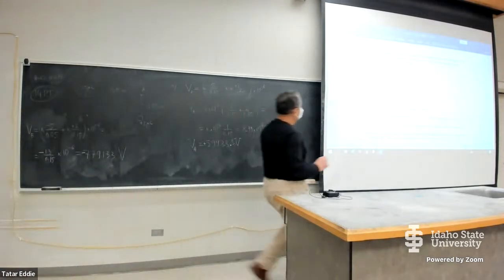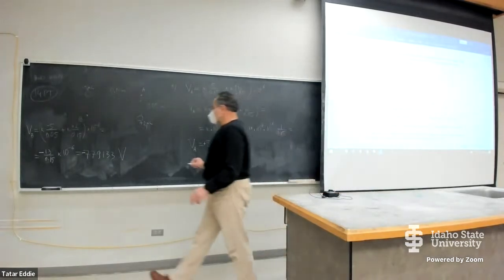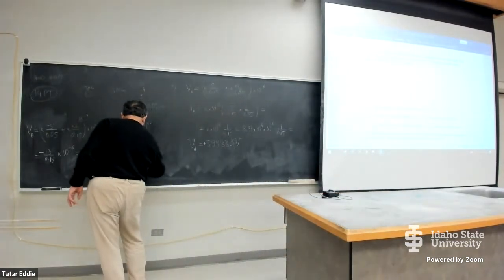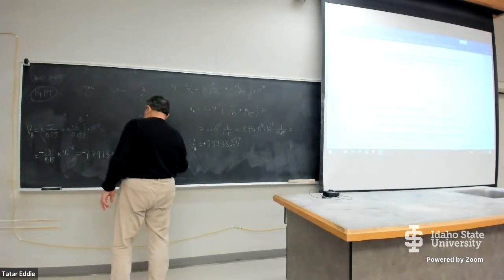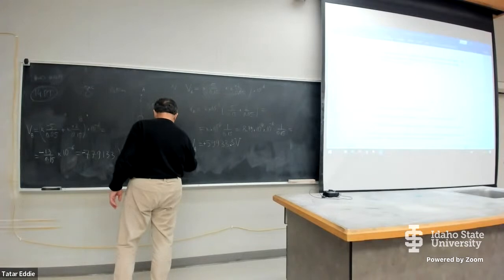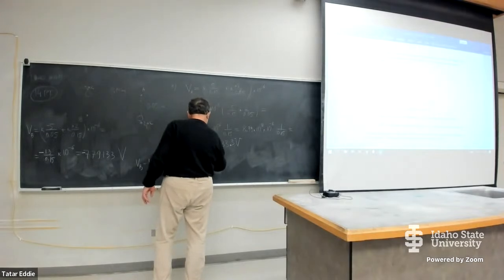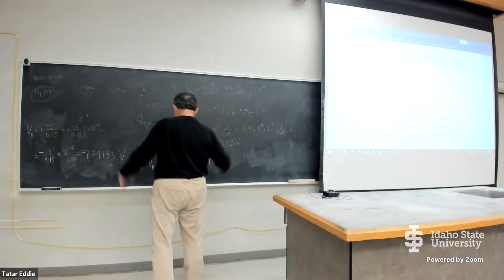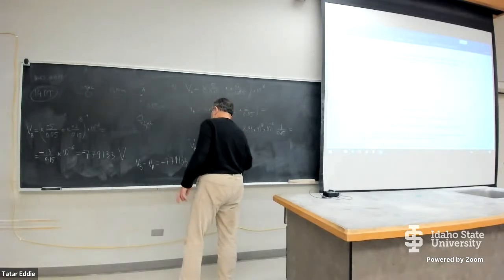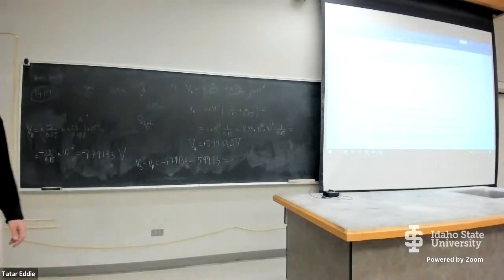And sorry, B minus A. VB minus VA is going to be negative 779,133 minus 59,933, which gives you a negative number that you have to calculate.